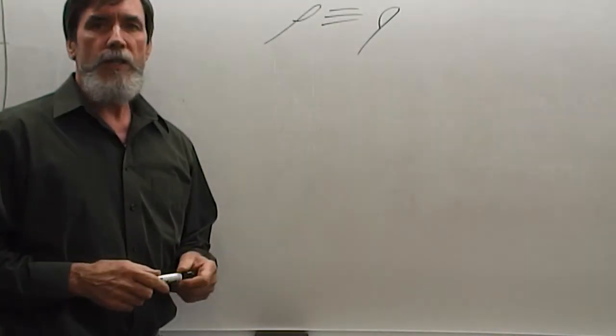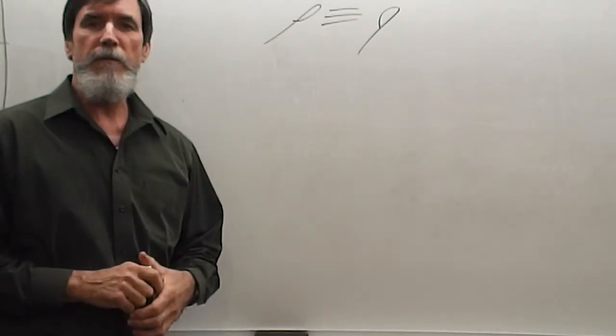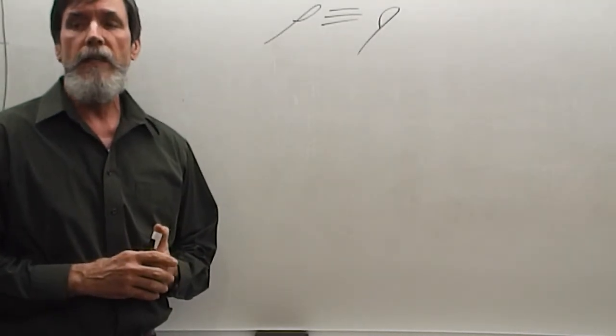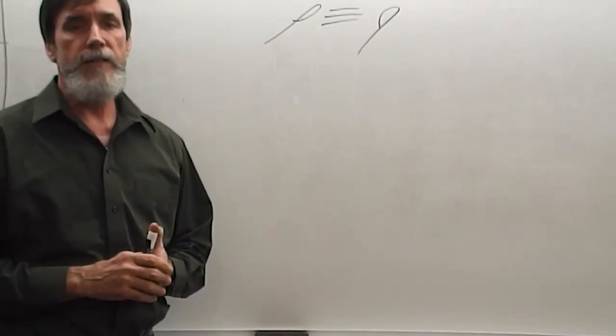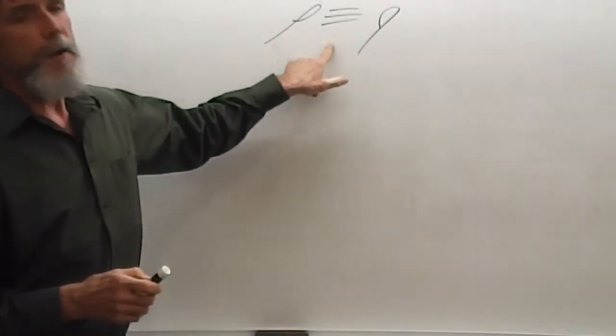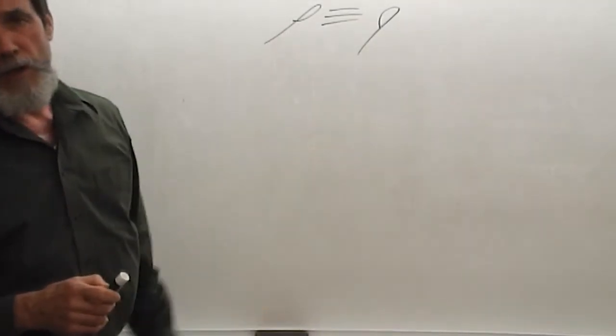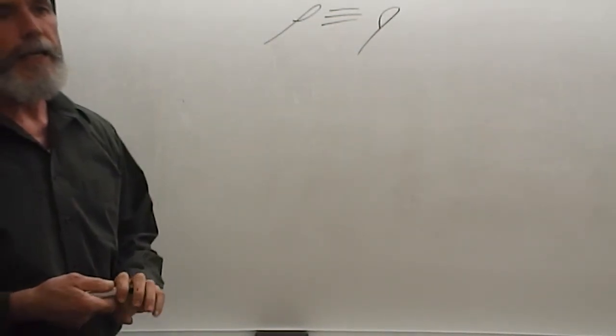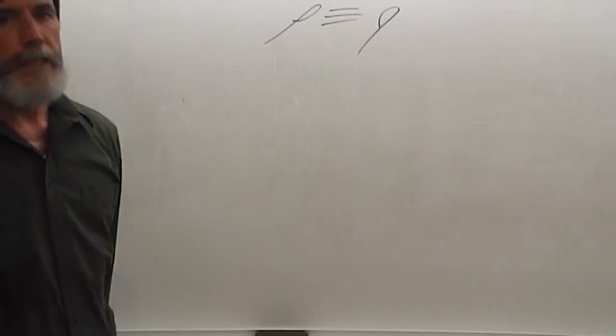Just as with the horseshoe, this relationship has its own name. The statement form is called a biconditional, but the relationship is called material equivalence.